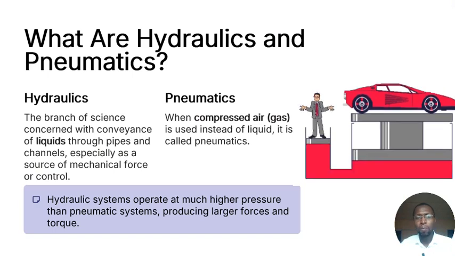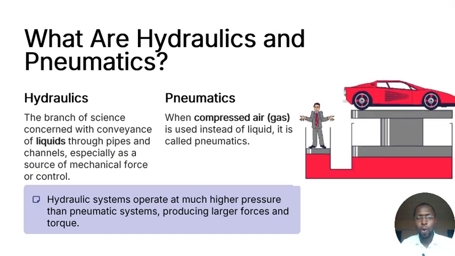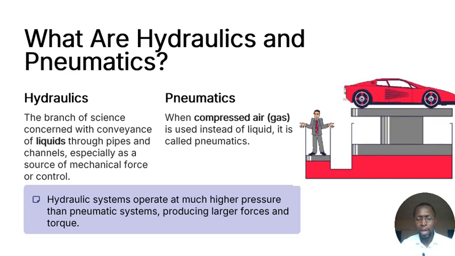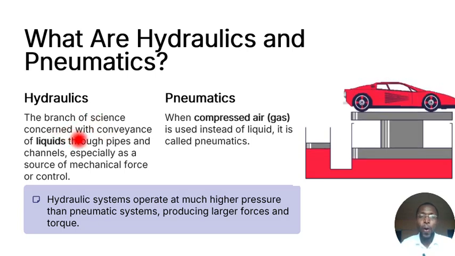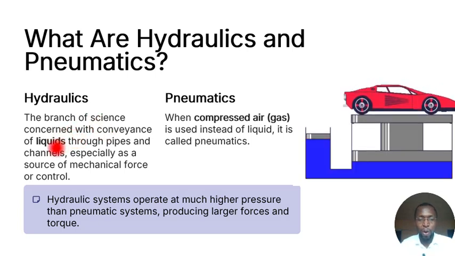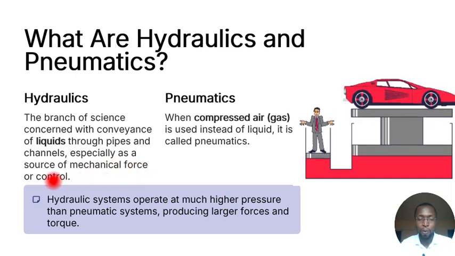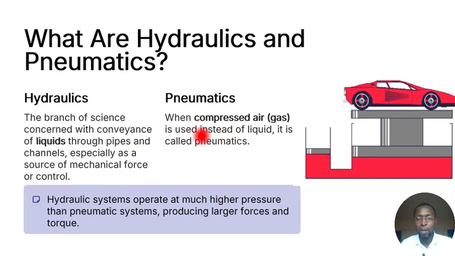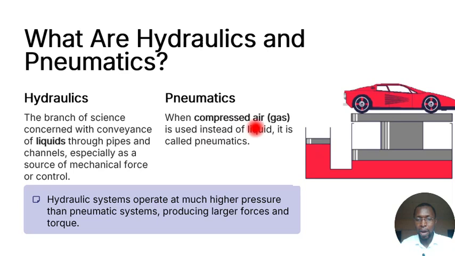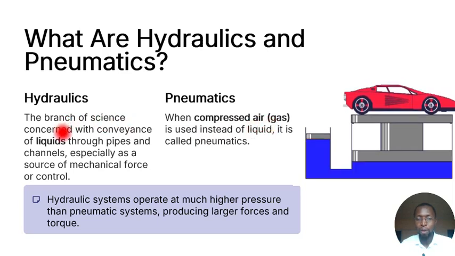hydraulics and pneumatics are. When we say hydraulics, hydraulics is a branch of science concerned with conveyance of liquid through pipes and channels, especially as a source of mechanical force or control. On the other hand, pneumatics deals with air instead of liquid.